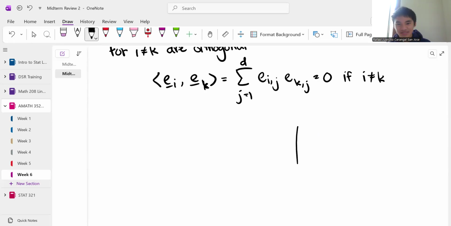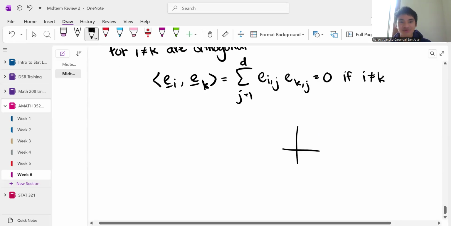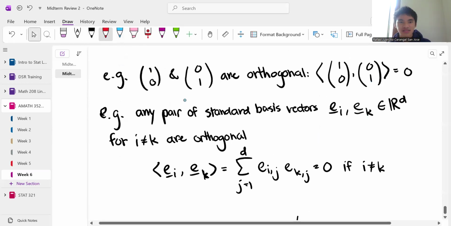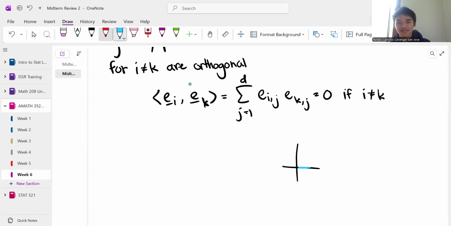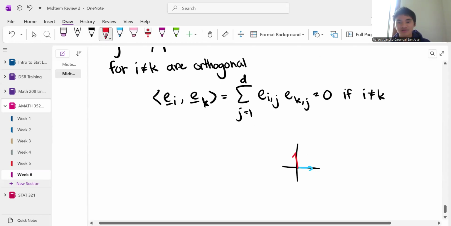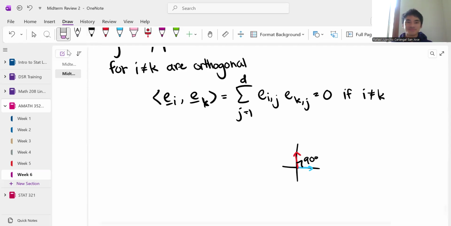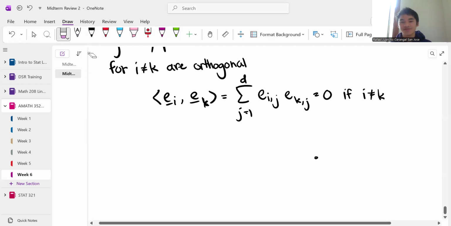If you're given a standard basis, say, that previous one, the 1, 0, and 0, 1, this is this vector and this vector. We say they form a 90-degree angle because their dot product is 0, or their inner product is 0. That's the intuition. Okay.